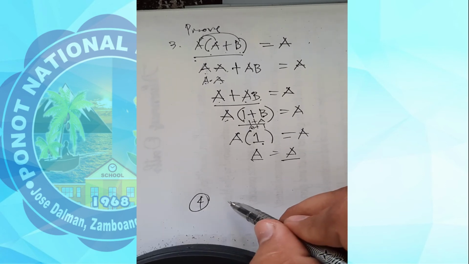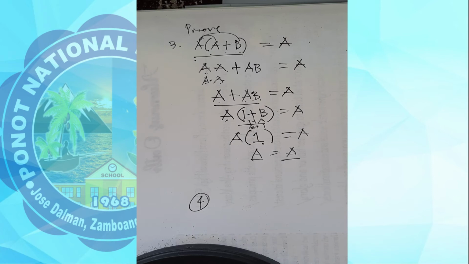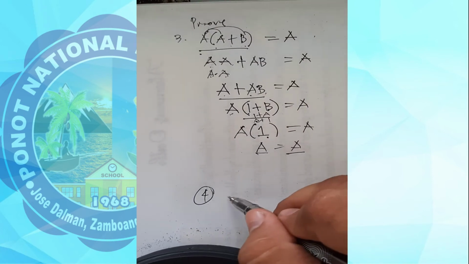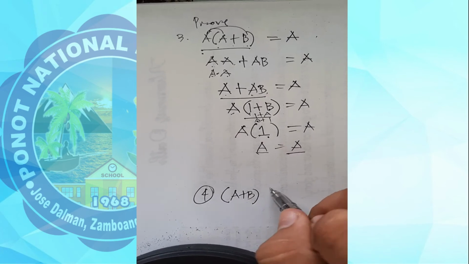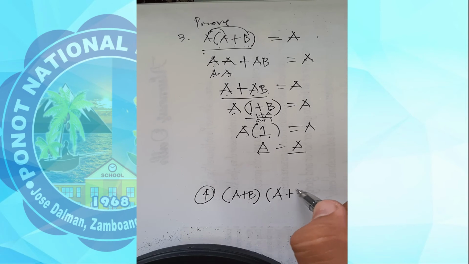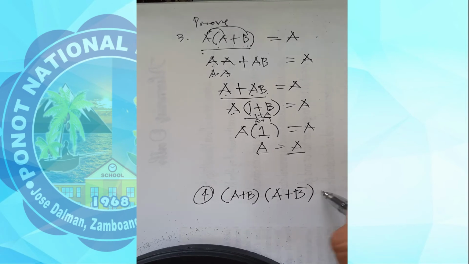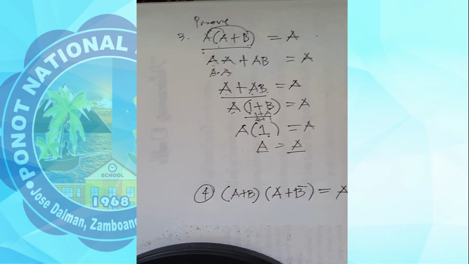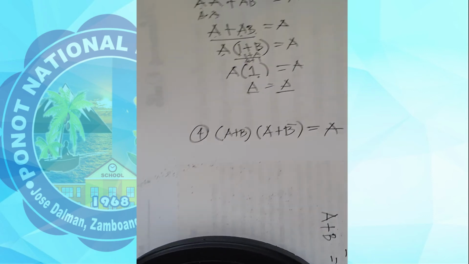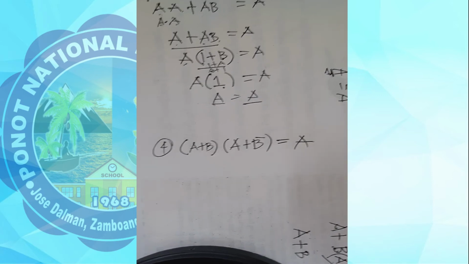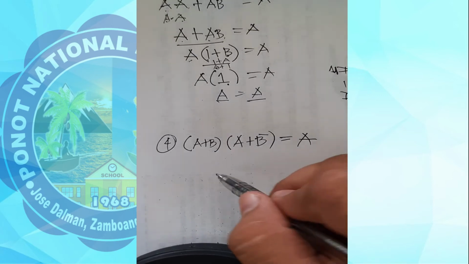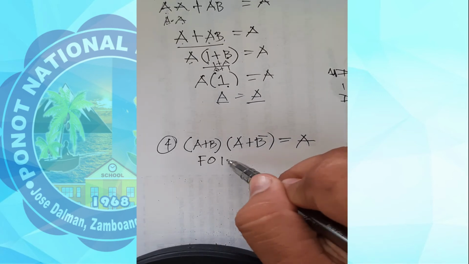Next, number 4. Let us prove that, for example, the quantity A plus B times the quantity A plus B bar is equal to A. So, let us apply the FOIL method.